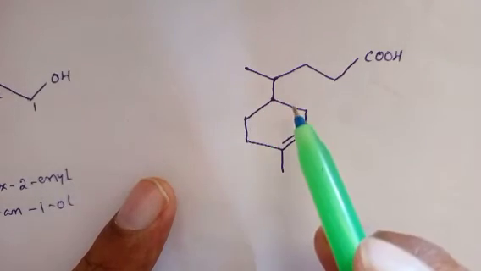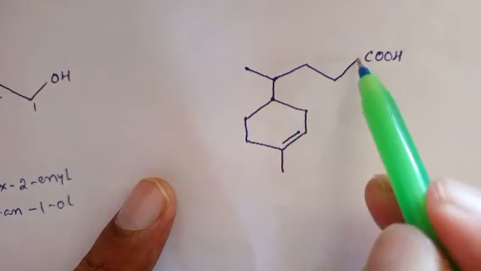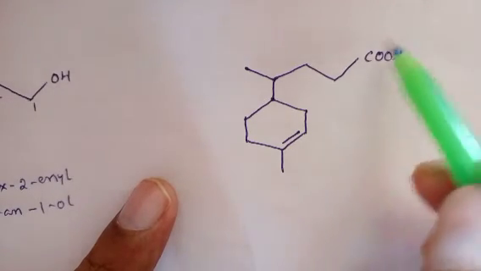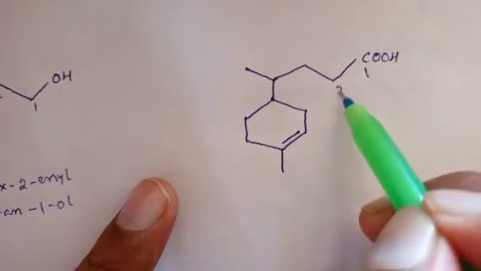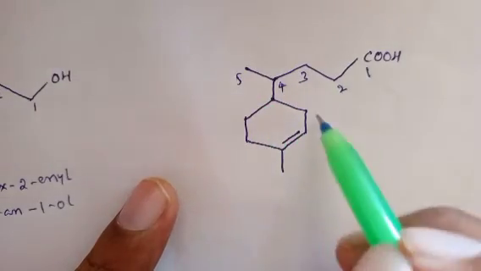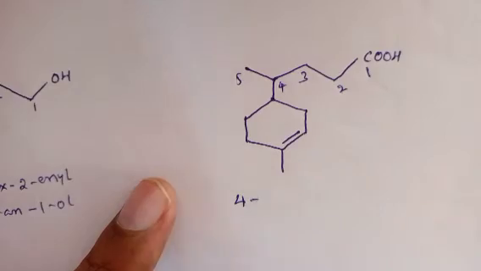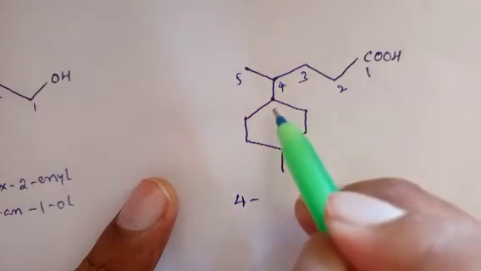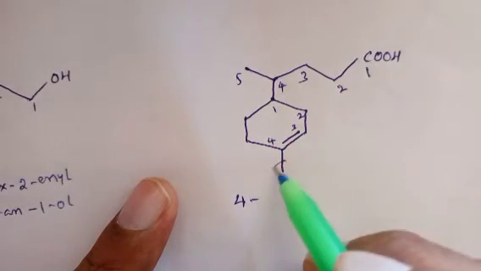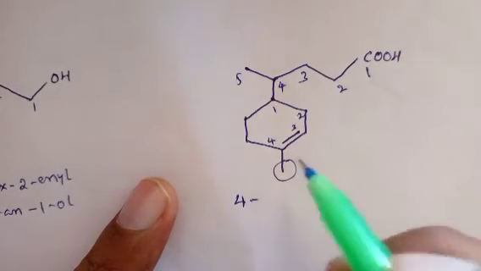This is the cyclic part. This is the alkyl part, but the alkyl part contains the functional group, and the functional group contains a carbon. So give the numbering 1, 2, 3, 4, 5. At the 4th position this one is present. So 4, but inside, give the numbering 1, 2, 3, 4. Again, the cyclic part also contains a substitution.